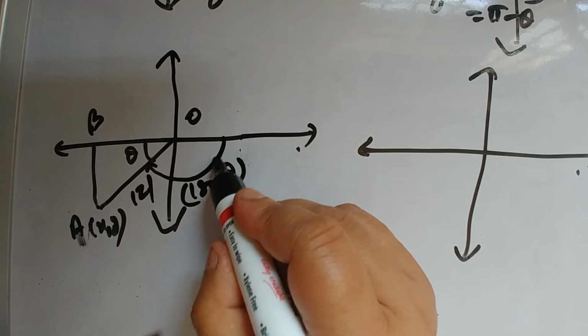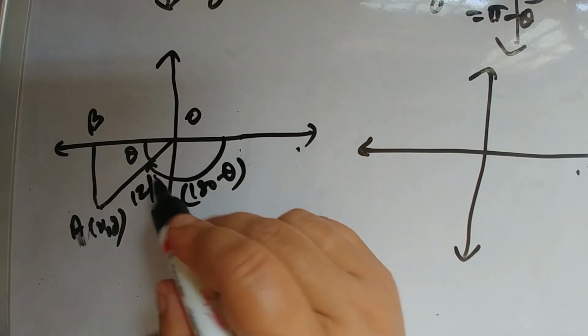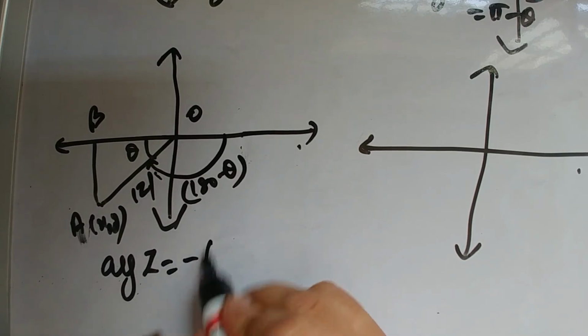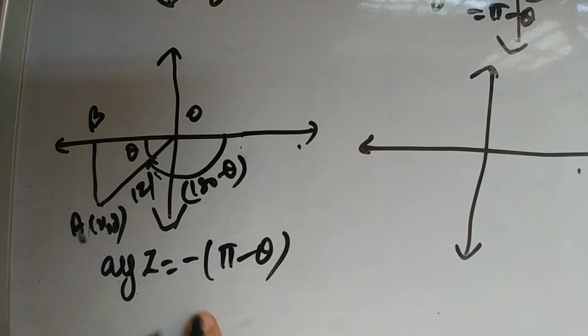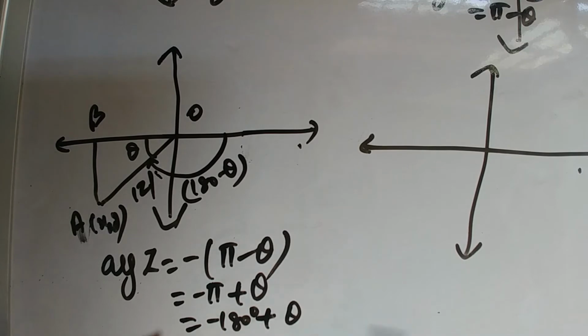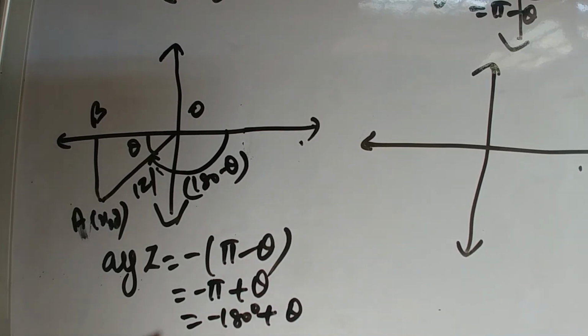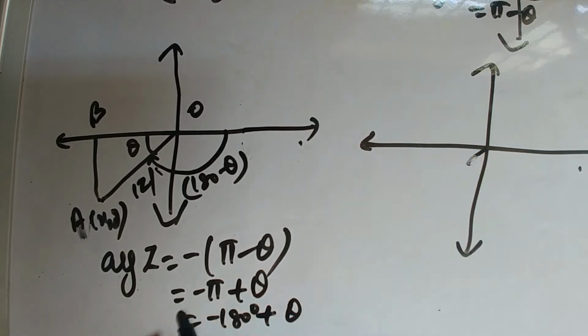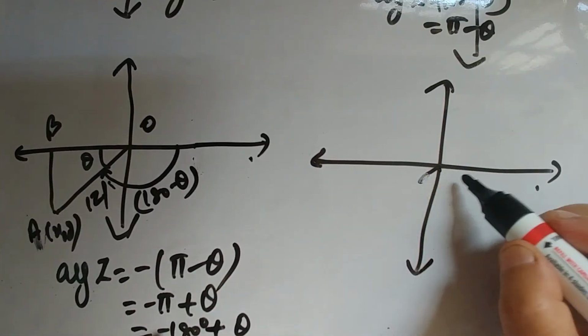It is 180 minus theta, now this angle. But this angle is clockwise. That's why the argument of z, you know, clockwise angles are negative, we take it as minus (180 minus theta), or we call it minus 180 plus theta.